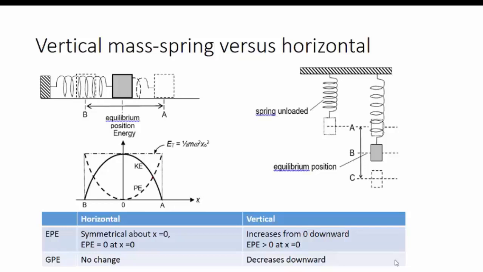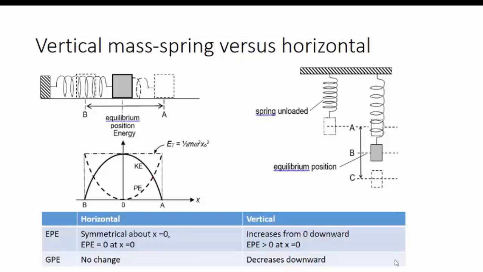Also, for the case of vertical oscillation, imagine the mass is attached from the beginning. The spring is loaded at point A when it's not stretched yet, and you attach the mass at point A, then let go and let it fall vertically. From A to B to C, the potential energy increases all the way.